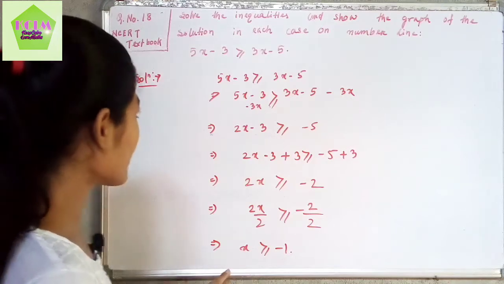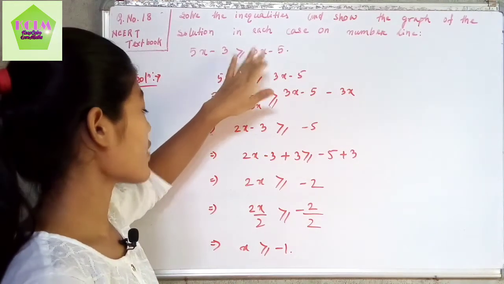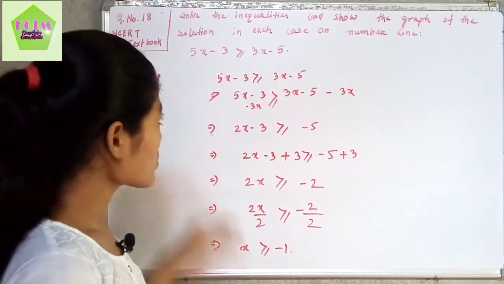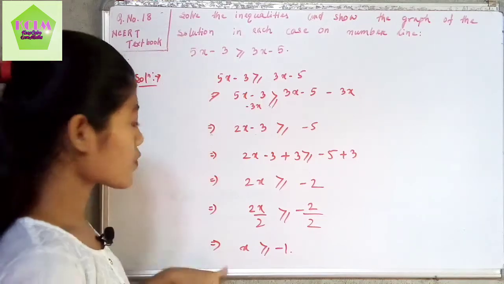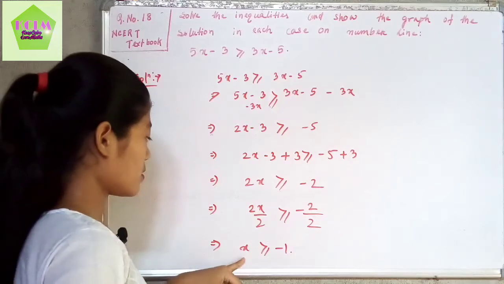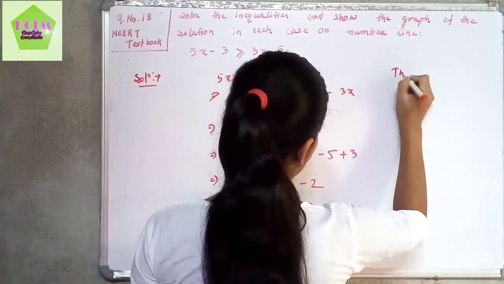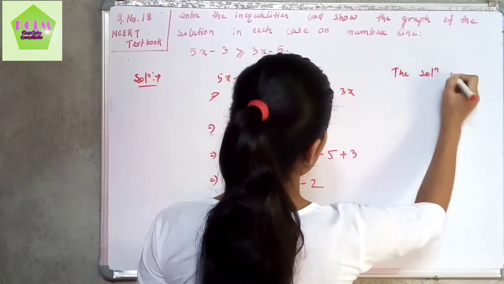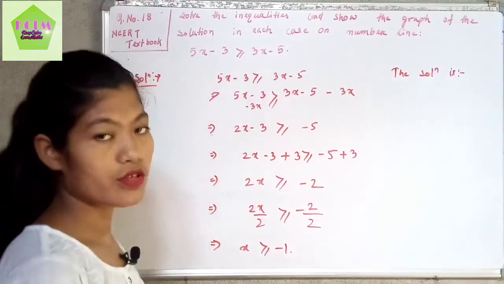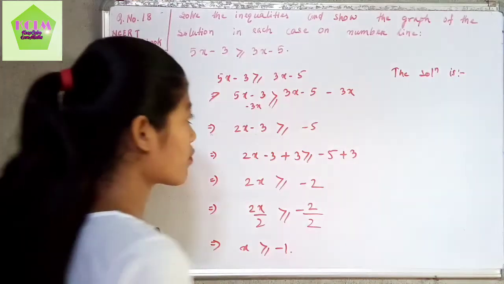Now this is the solution for this given inequality, 5x minus 3 greater than or equal to 3x minus 5, and the solution is x greater than or equal to minus 1. Since we are not given any conditions for the solution of these inequalities, we make the solution in interval form.